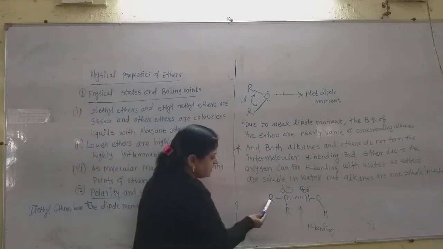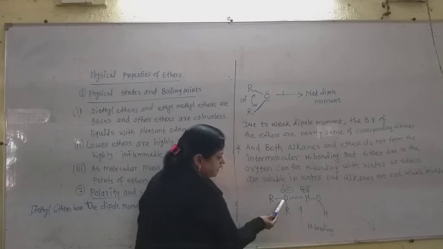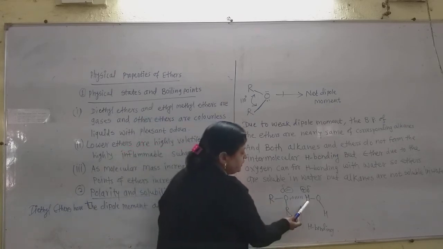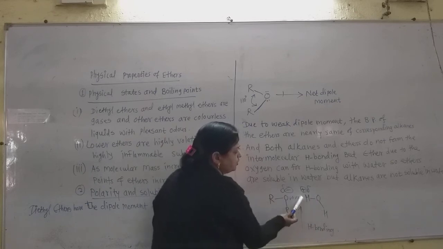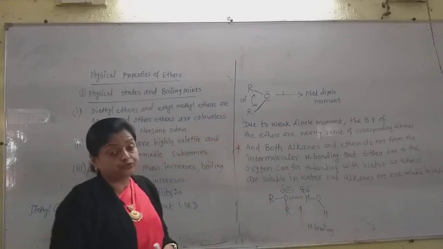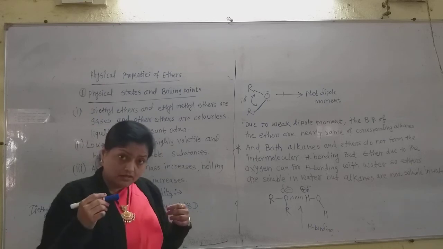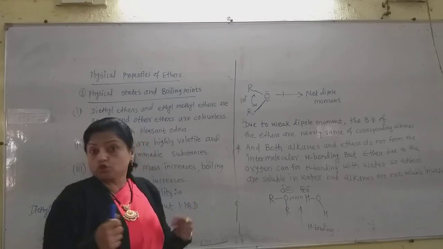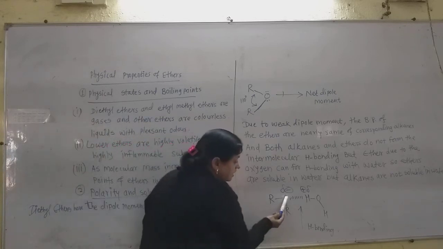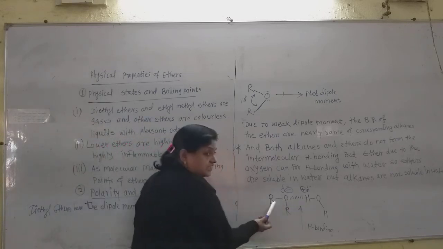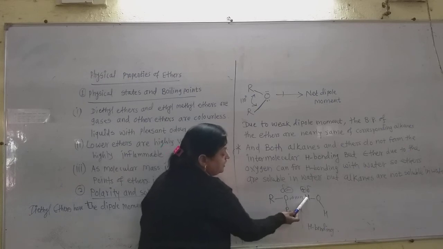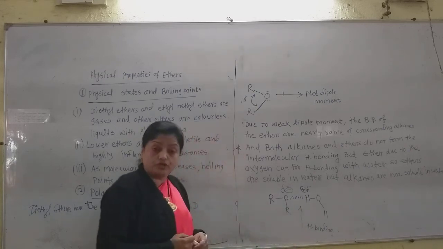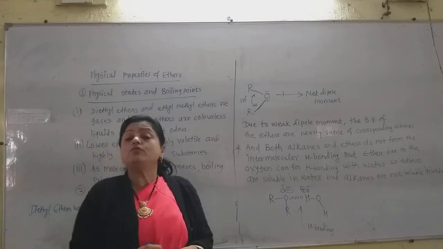Now this is the ether, ROR. Oxygen has a partially negative charge, and this is the water molecule, HOH. Here this hydrogen has a partially positive charge. So if we dissolve these ethers in water, what happens? Ethers are soluble because they form hydrogen bonding between the oxygen of the ether and the hydrogen of water. Due to the formation of such hydrogen bonding, ethers are soluble in water.